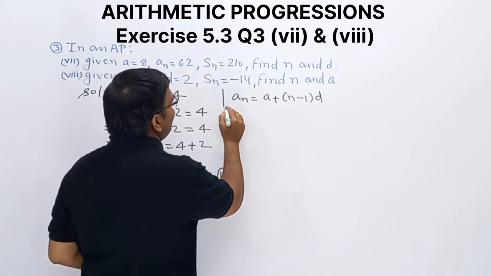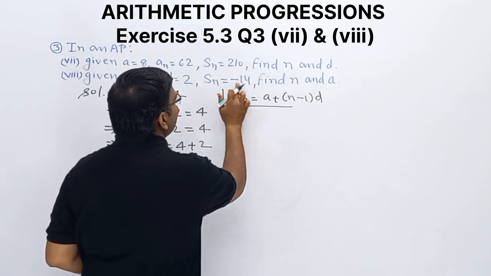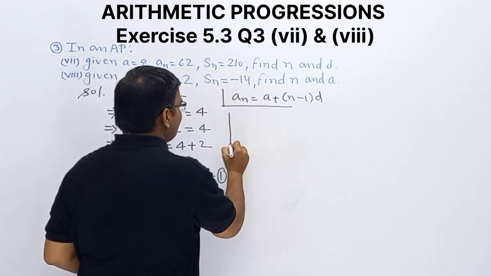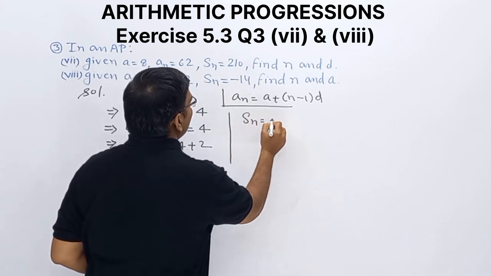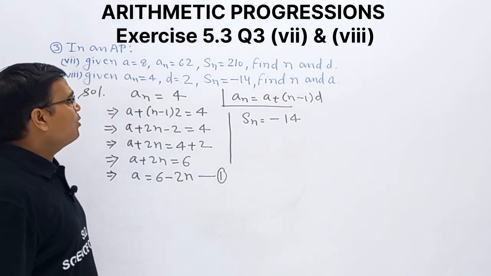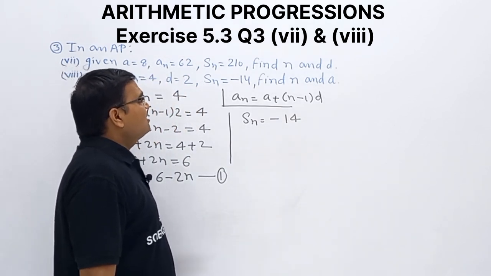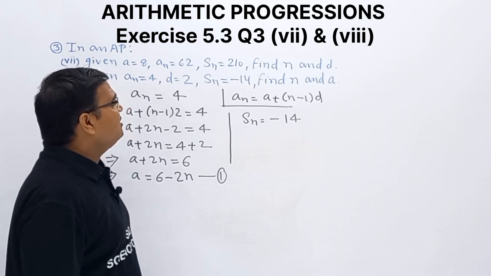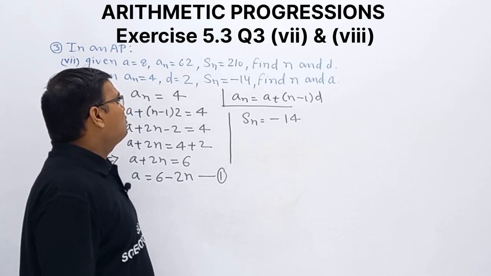What another condition we are having? We are having Sn equal to minus 14. So from this one, what can we say? The sum of the nth term formula we require.